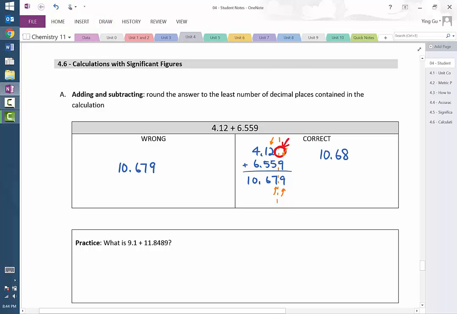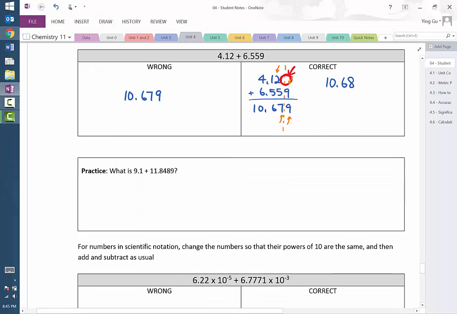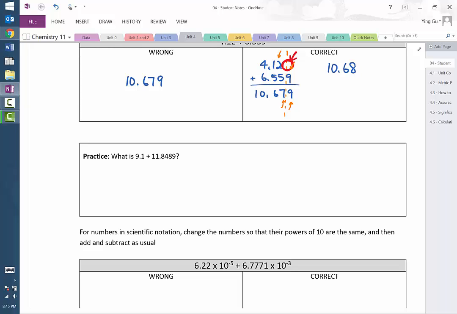So let's look at 9.1 plus 11.8489. You can do this on your calculator, or you can do it like this, but use your calculator, okay? I'm just doing this to illustrate a point. We do this, we carry all the numbers down, we get this answer here. Our final answer needs to be cut off right here.